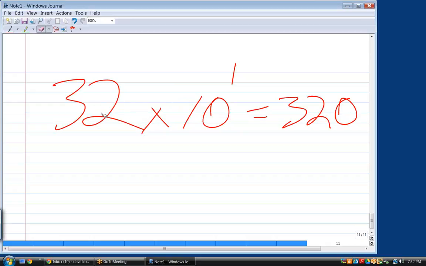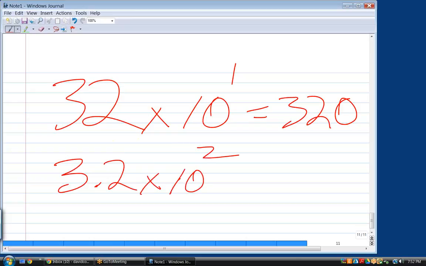It's just 32 times 10 to the 1 power. If I insisted on this being in scientific notation, I would have to write it like this, because this number right here has to be greater than or equal to 1, and less than 10.